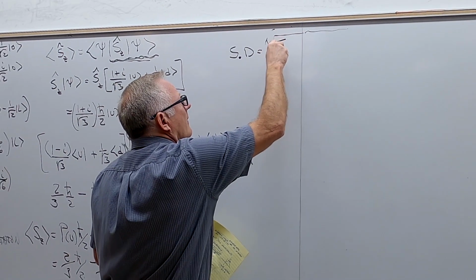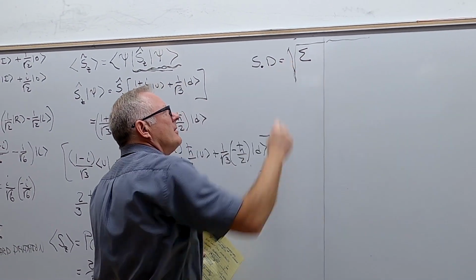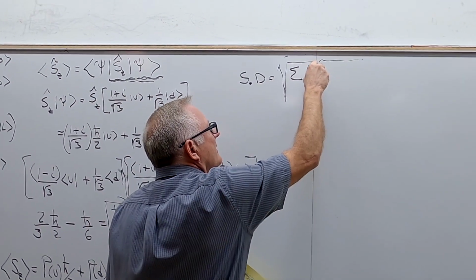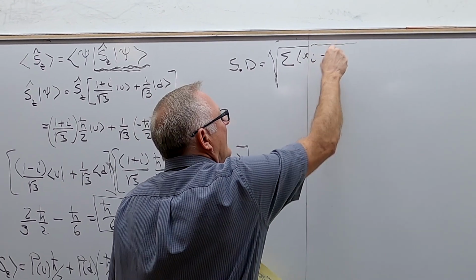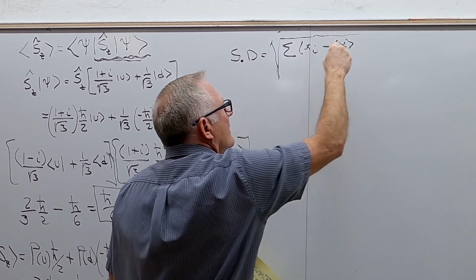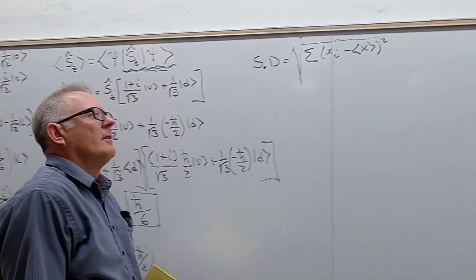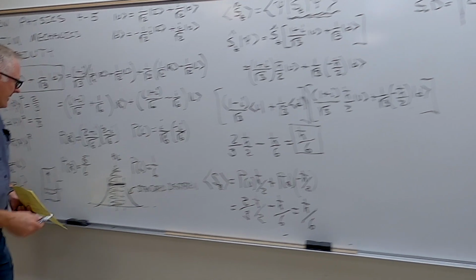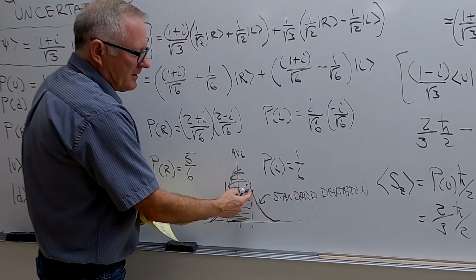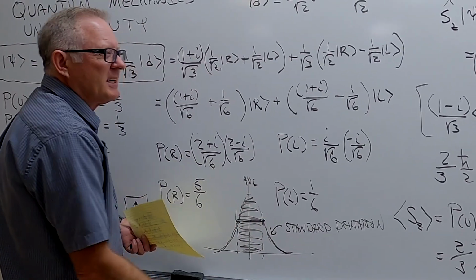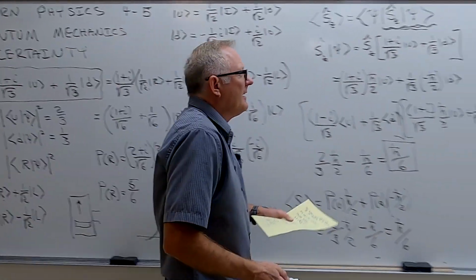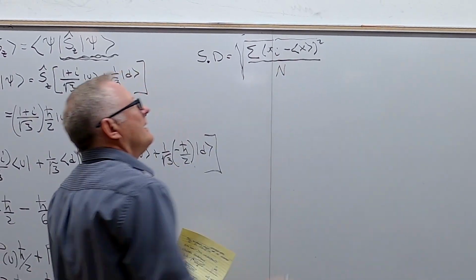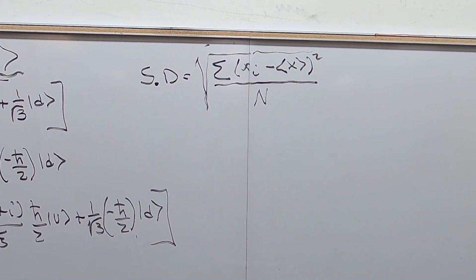So it'd be the sum over all your data of what the value is, I'll call it x sub i, minus the average of x, squared. You need to square that because if you didn't square them, you'd get just as many positives and negatives, and you'd always get a 0. Divided by how many items you have, n. That's the definition of the standard deviation.